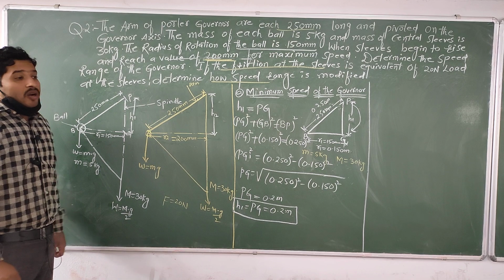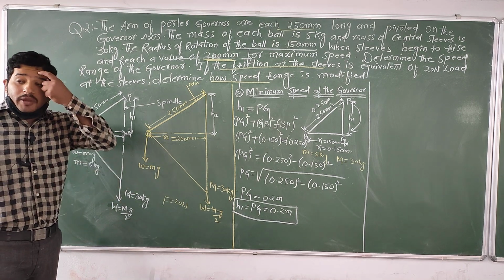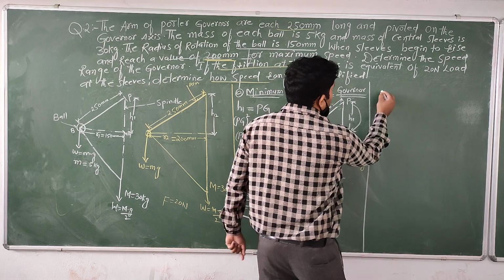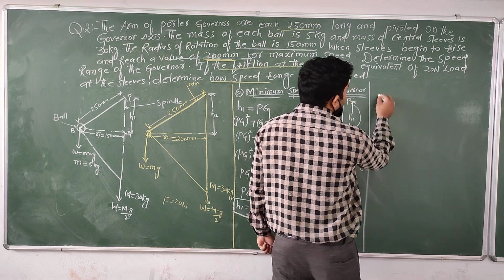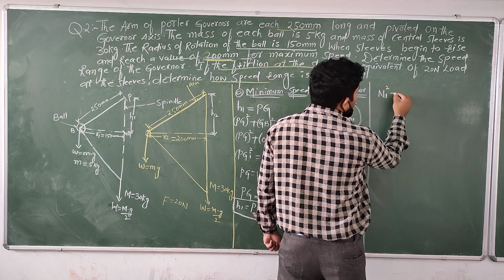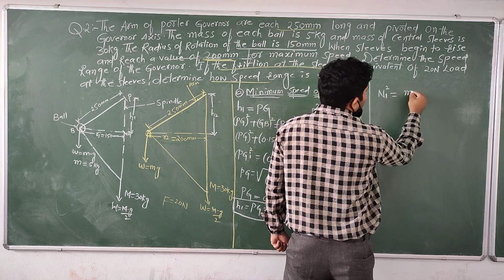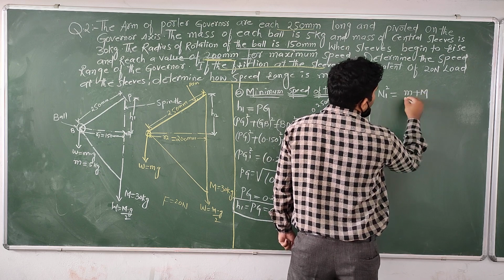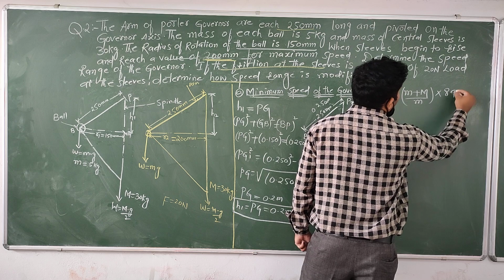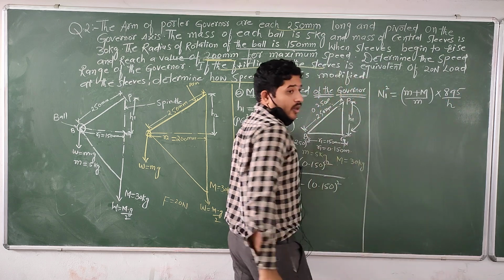Again, what we need to find out? We need to find out the speed of the governor. If you want to find out the speed of the governor, we know the formula: N1 square is equal to (small m plus capital M) by small m into 895 by h. Is it right?